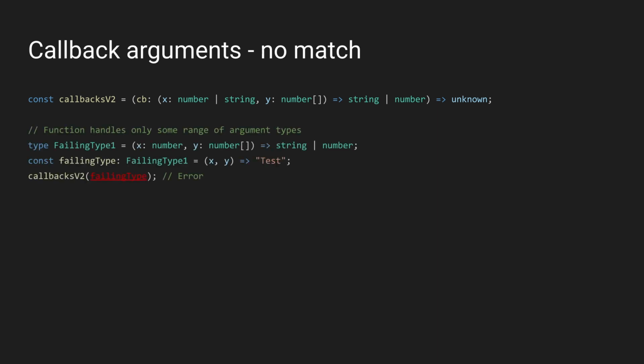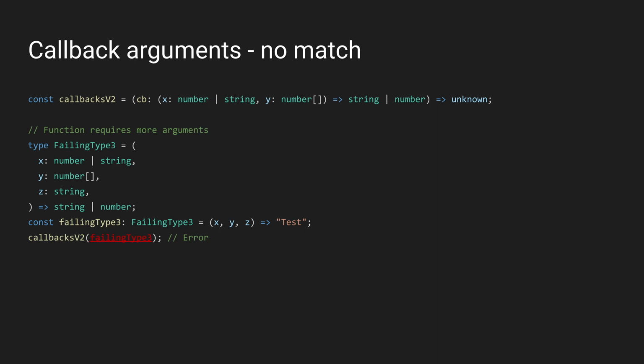Here we have the first example of an invalid function. Since the x argument can only accept a number, this function will fail if passed into callback v2, as it can be executed there with an unsupported string as the first argument. The second example demonstrates a function that returns a wider range of values than expected. Since failing type 2 can return null, this value would not be properly handled inside callback v2, resulting in a TypeScript error.